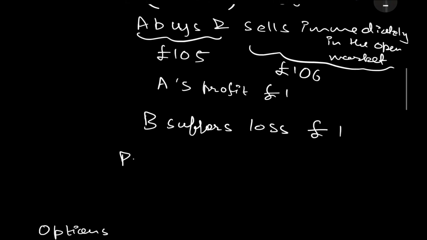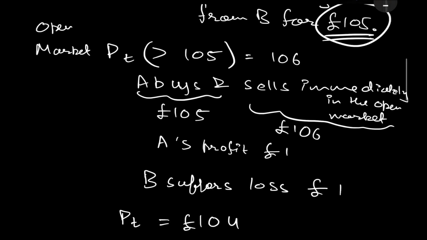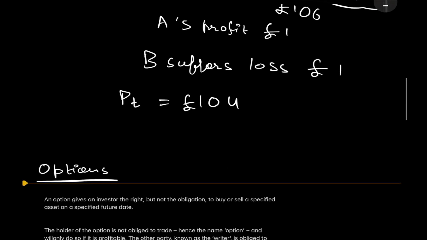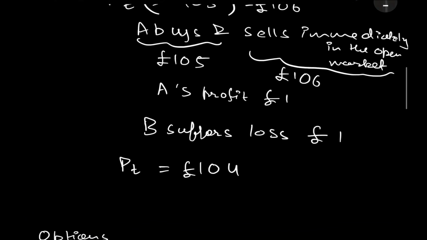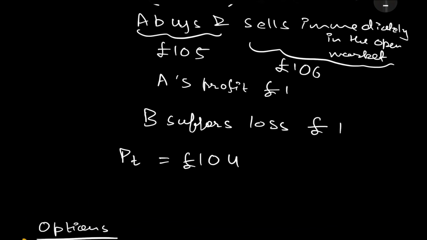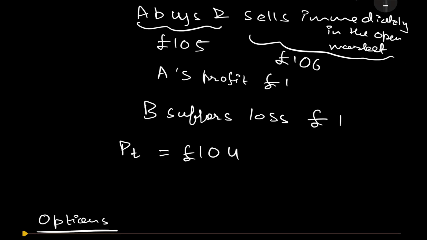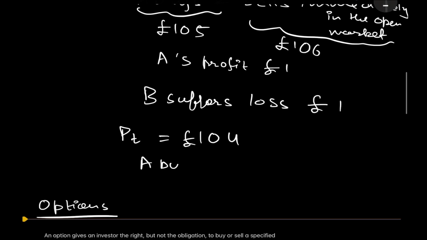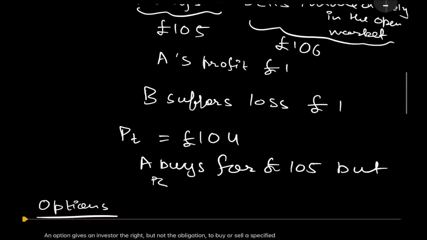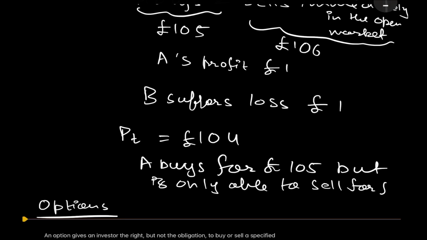Similarly, if the price at time t was equal to 104 instead of 106, then A will have to buy for 105 even when the open market price is 104. So again, A buys for 105 but is only able to sell for 104, because that's the open market price.